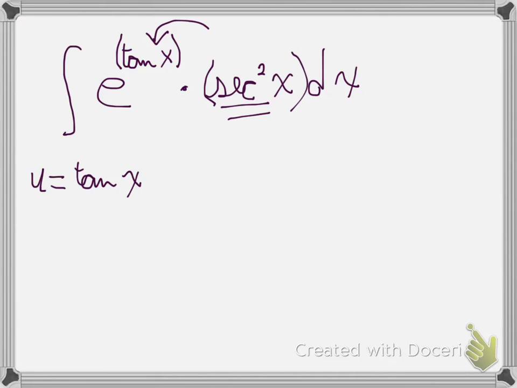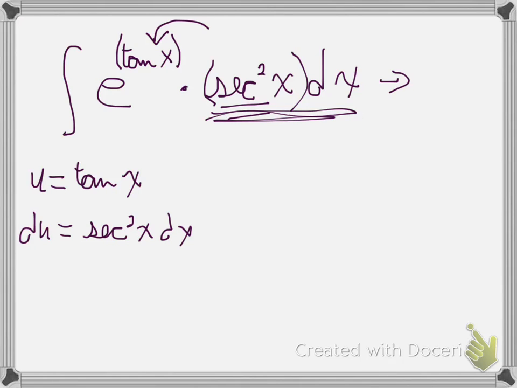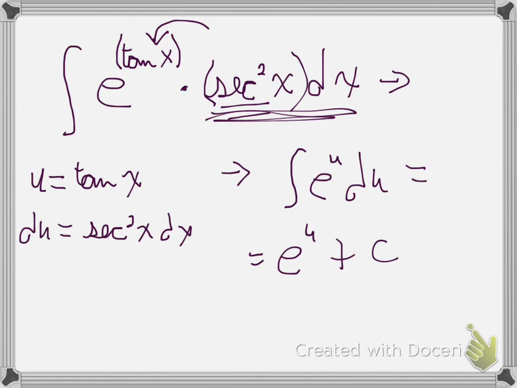So if u equals the tangent of x, du equals the secant squared of x dx. Well, there's the secant squared of x dx. So this becomes the integral of e to the u du, which is e to the u plus c, which is e to the tangent of x plus c. Okay? So that's not so bad.